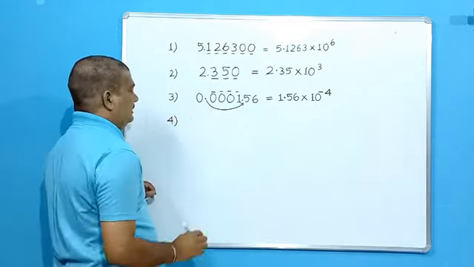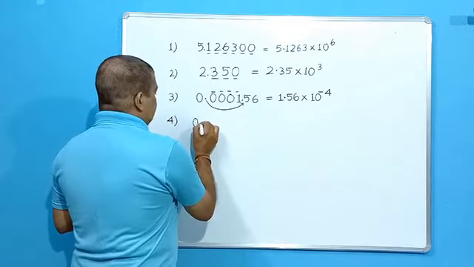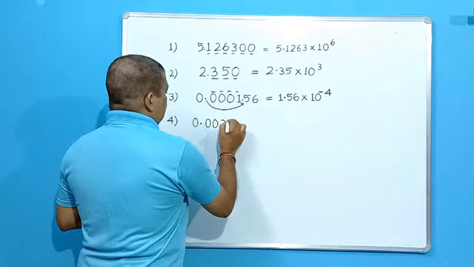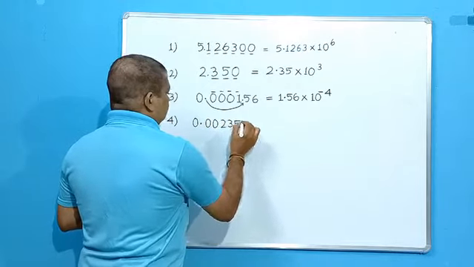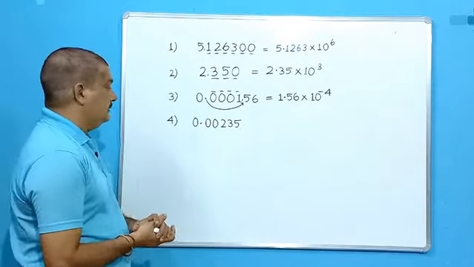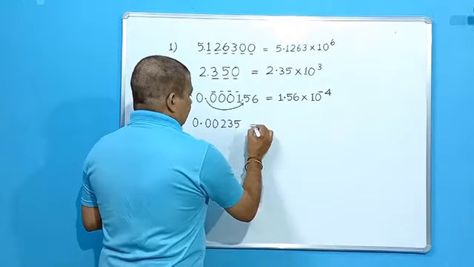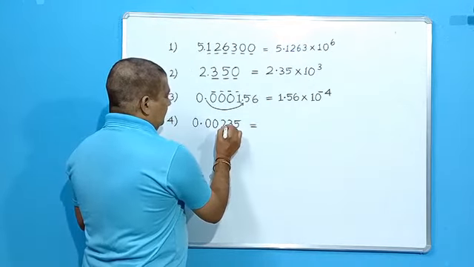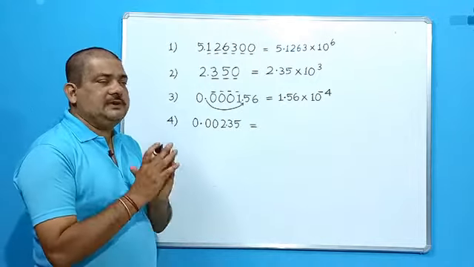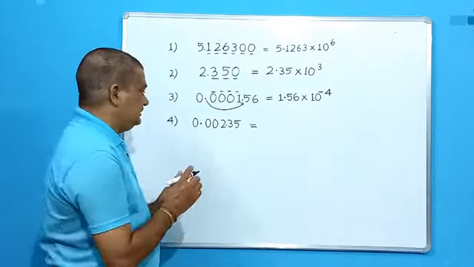Then next one. Suppose 0.00235. We have to express this in scientific notation. So what will be the answer? Now again, the decimal has to move here. The key is we have to place a maximum of one value before the decimal point.